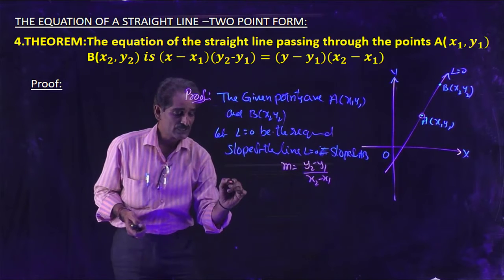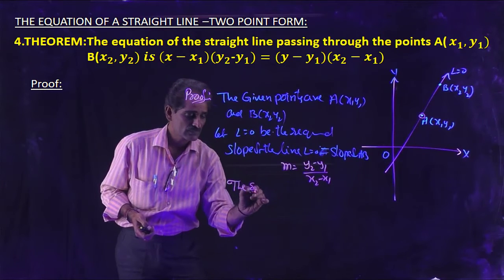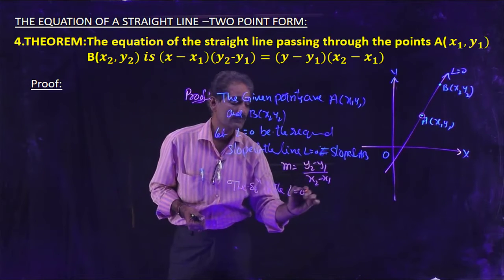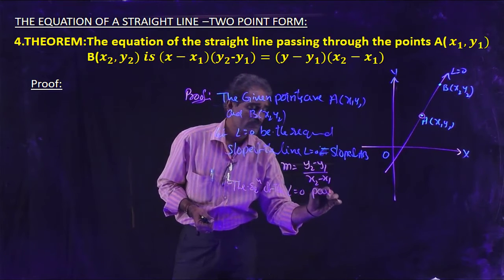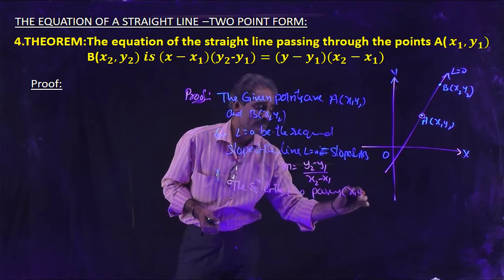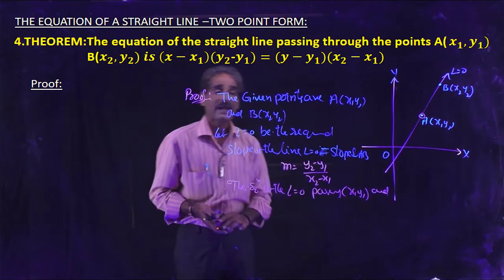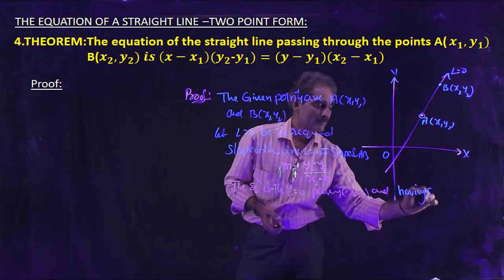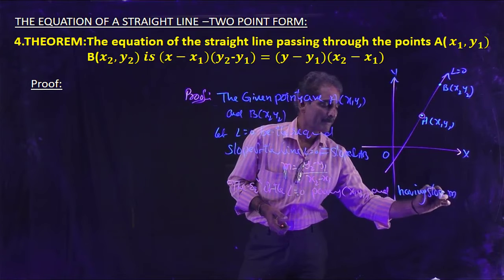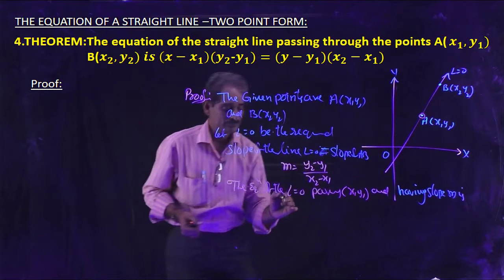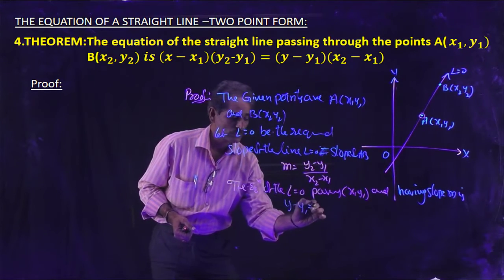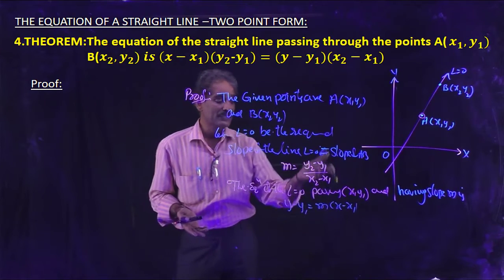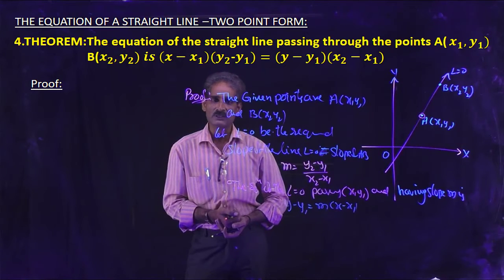Now the equation of the required line L equal to 0 passing through x1 y1 and having slope m is y minus y1 equal to m into (x minus x1). Just replace m by (y2 minus y1) by (x2 minus x1). That's all.